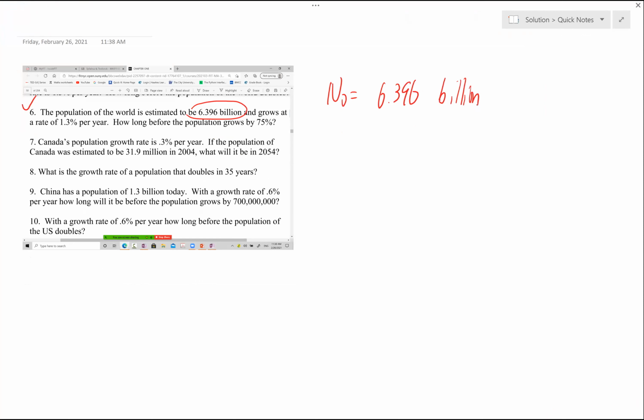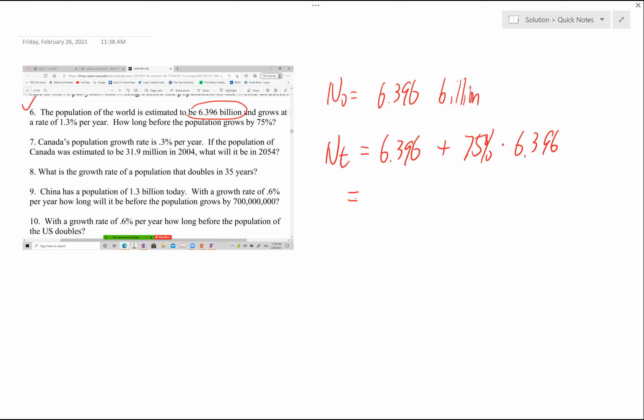And NT should be grows by 75%, meaning you gain an additional 75%. So it's 6.396 plus an additional 75% of that on top. You get the total population after this amount of years.